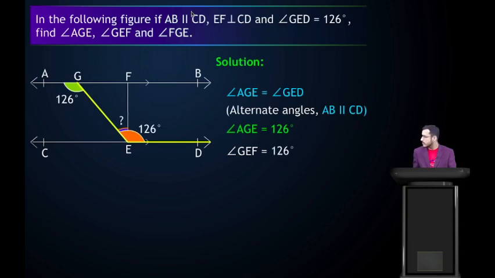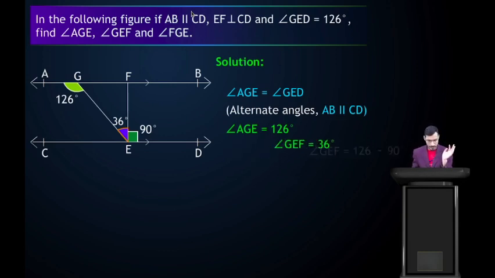So GEF is 126 degree minus 90 degree. We can find out the value of angle GEF, that is 126 minus 90 degree, that is 36 degree. So angle GEF is equal to 36 degree here, okay.